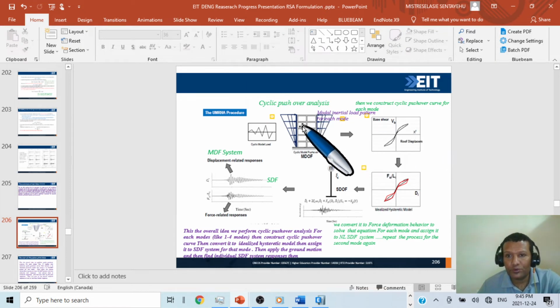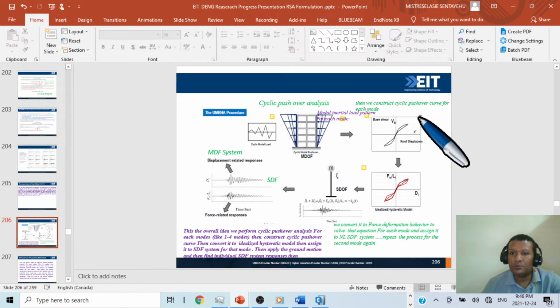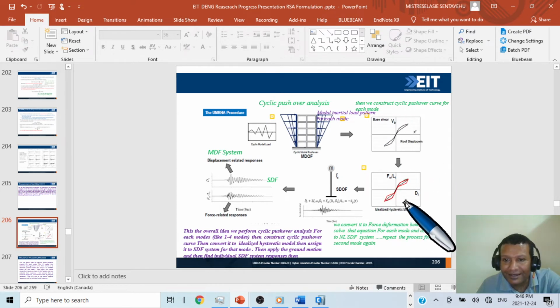For the second mode, second mode cyclic pushover. For the third mode, third mode cyclic pushover. So for each mode we have to generate different cyclic pushover curves, and we will idealize it into an idealized hysteretic model. This is Fs over Ln, Dn, force deformation curve.